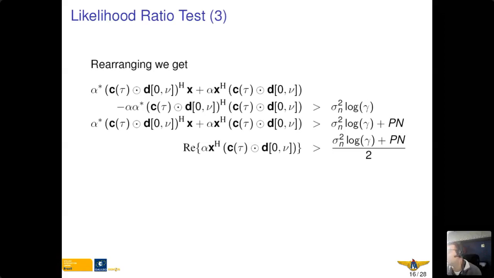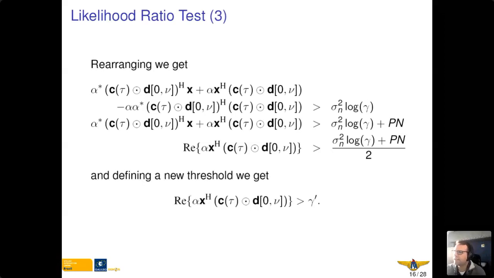We see this in the third row of the third equation: the real part of alpha x Hermitian c(tau) Hadamard d0(nu) is larger than sigma n squared log of the threshold plus pn, divided by 2. This is then our new threshold, gamma prime, which we define based on the noise variance, the power of the signal, the number of samples that we took, divided by 2.